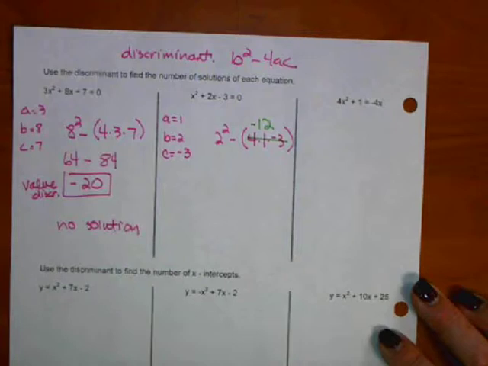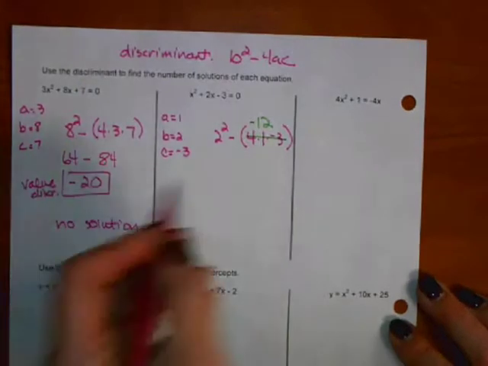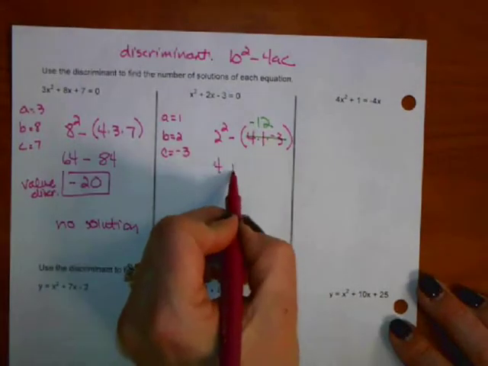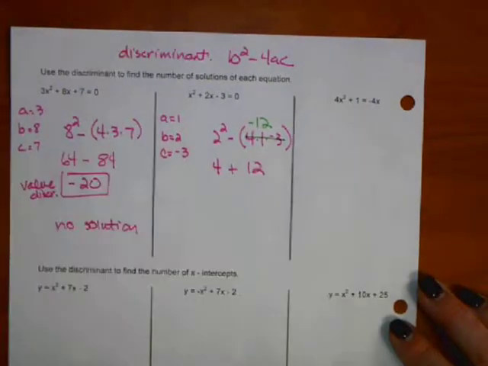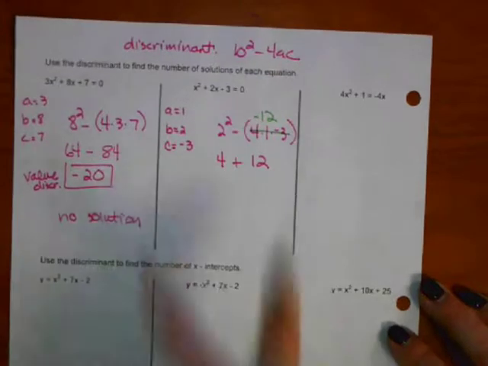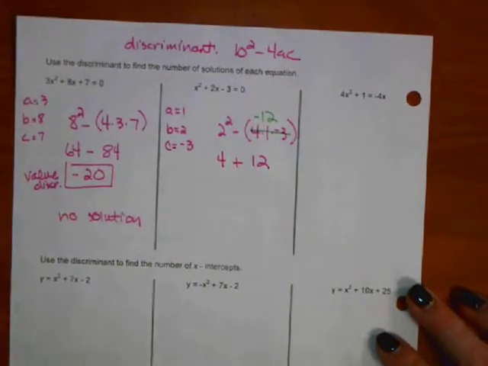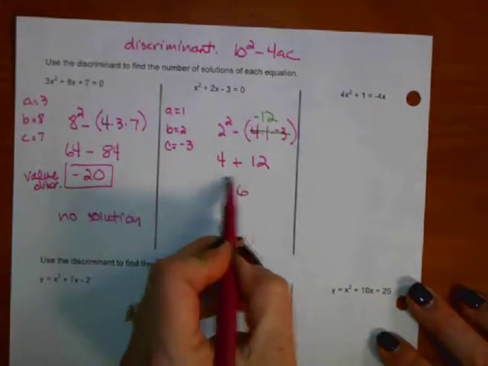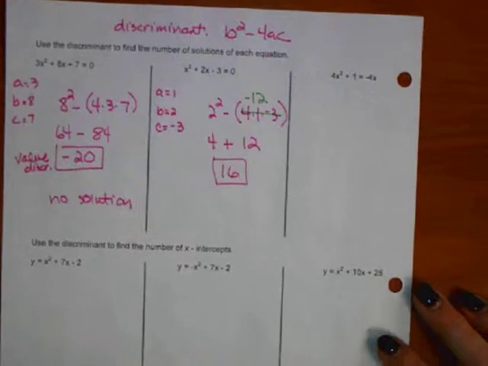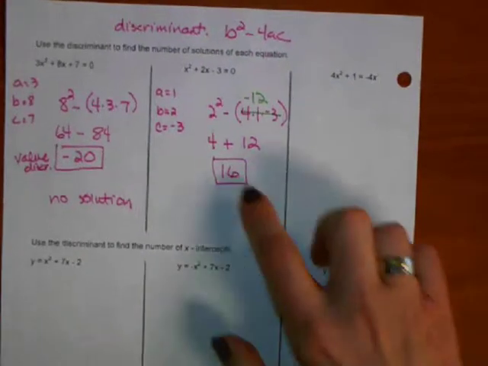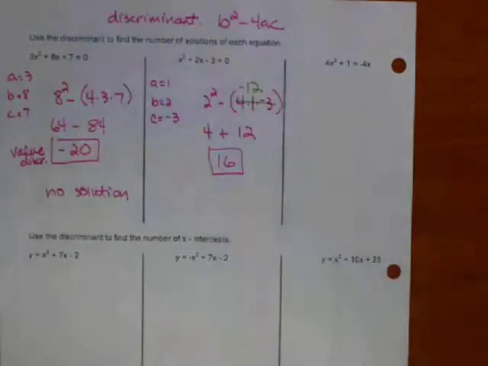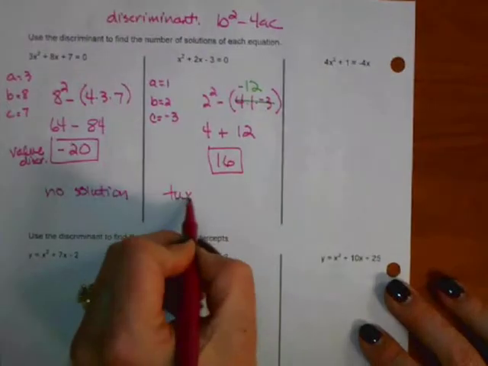Negative 12. So I have 4 plus 12, because a negative and a negative is a positive. So I have 16. How many solutions? 2. Right, this is not the solution. It just tells me there are 2 solutions.